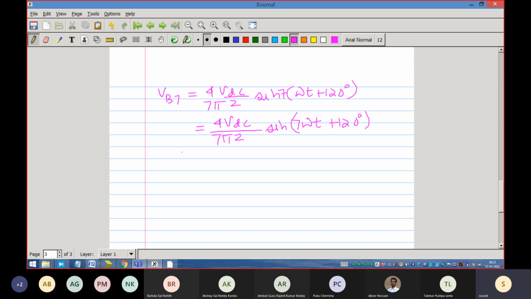So here, corresponding to the seventh harmonic, the phase sequence is still R, Y, B, right?